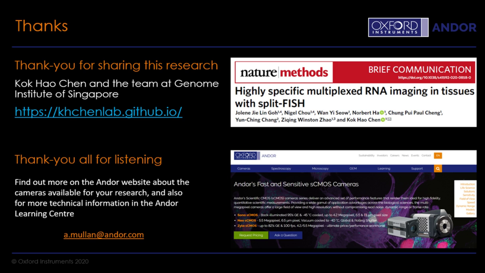And hopefully the dream is one day you can visualize the whole organ in situ, all the different cell types and what the different cells are doing, how they are connected to each other. I think that will be the dream.